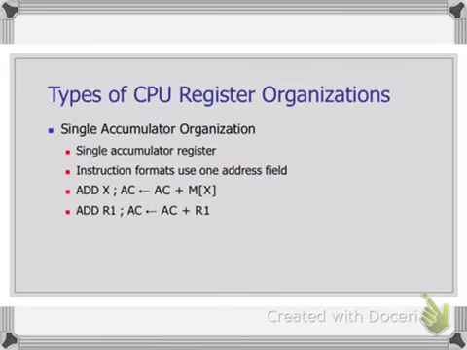The first type of register organization is the single accumulator organization. Single accumulator organization is where you have only one register. You don't have any other register, you have only one CPU register, and that register is known as the accumulator.